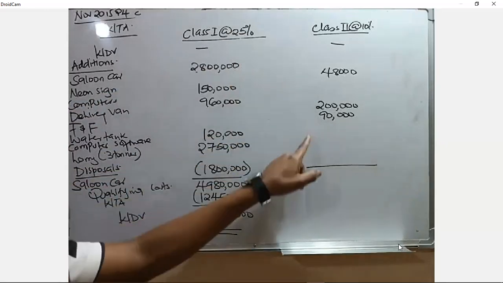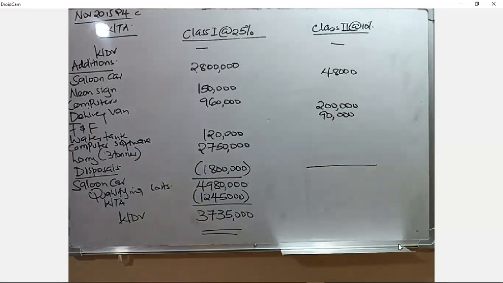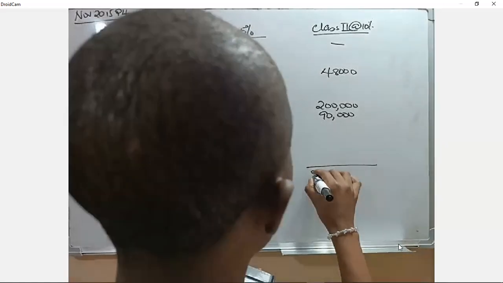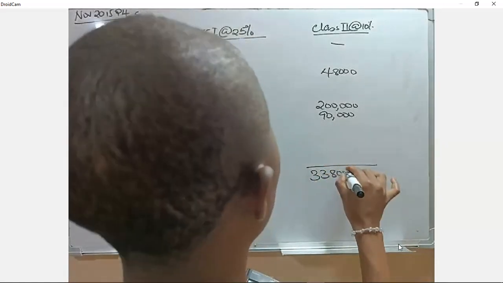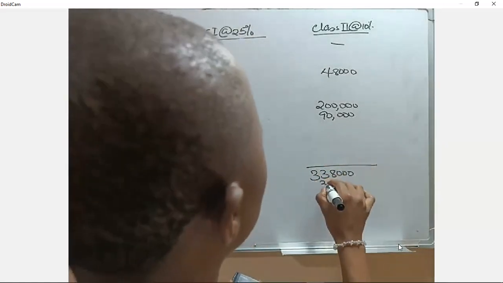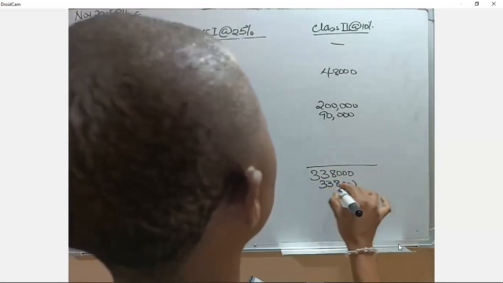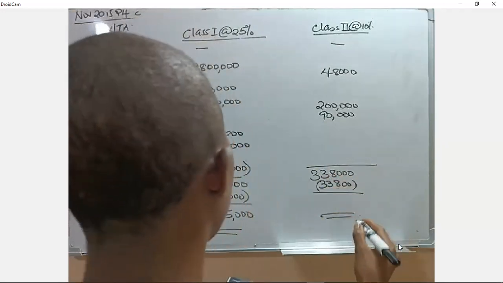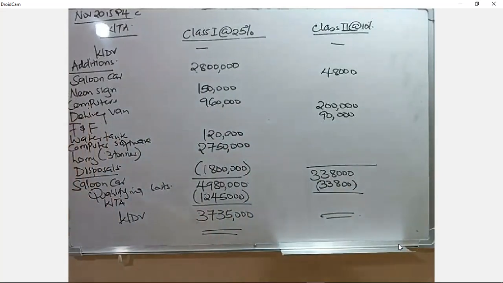Let me go to class 2. I will take 48,000 plus 290,000. I'm getting 338,000. 10% will be 33,800. So what will be the written down value? I say 338,000 minus 33,800.